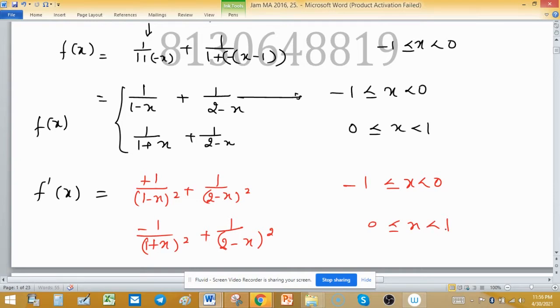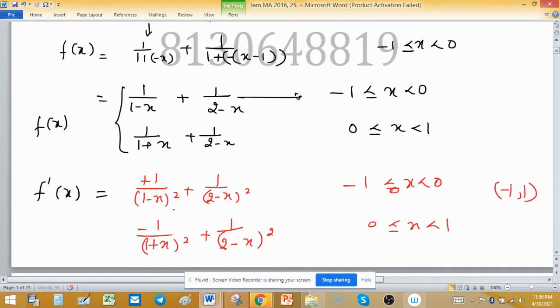And I left out 1 because a function can change behavior at boundary points, so I left this one out of the interval. So I define f'(x) at -1, so you can remove this inequality also, meaning -1 to 1.